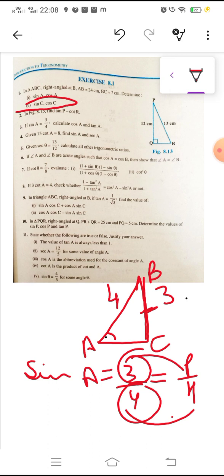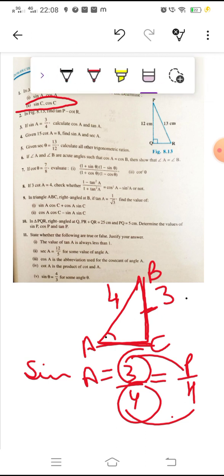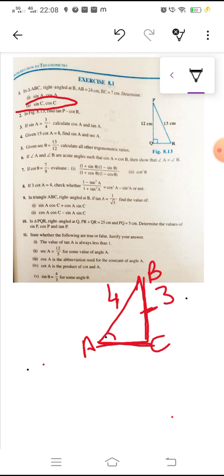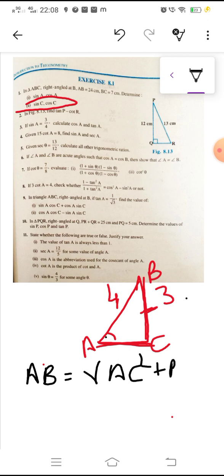Now you can find out the value of base by using the Pythagoras theorem. Same thing you will do: AB is equal to root of AC square plus BC square.